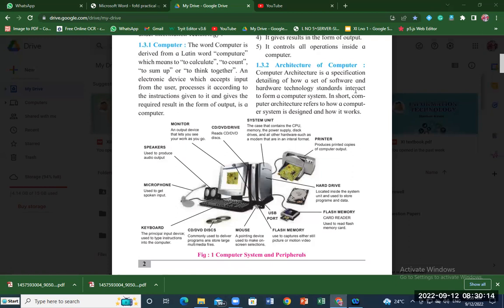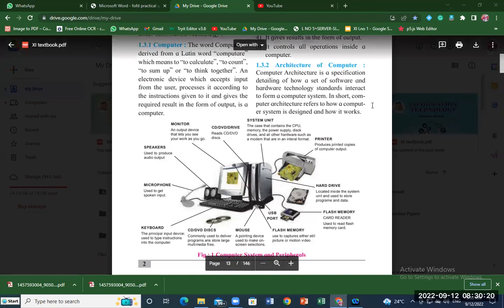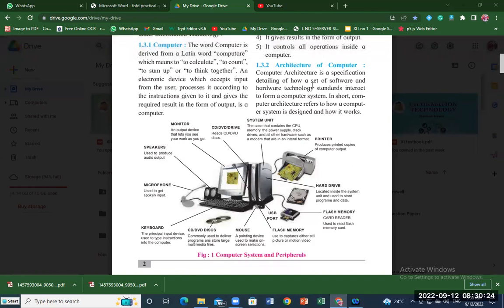So here there are two parts, software and hardware. The interaction between these two gives me a computer system. I can't say it's just software which is working, or just hardware. No, it is an interaction between a set of software and hardware technologies.